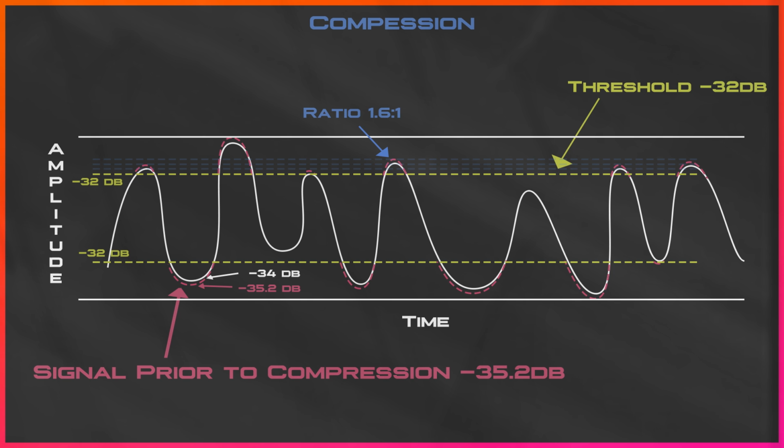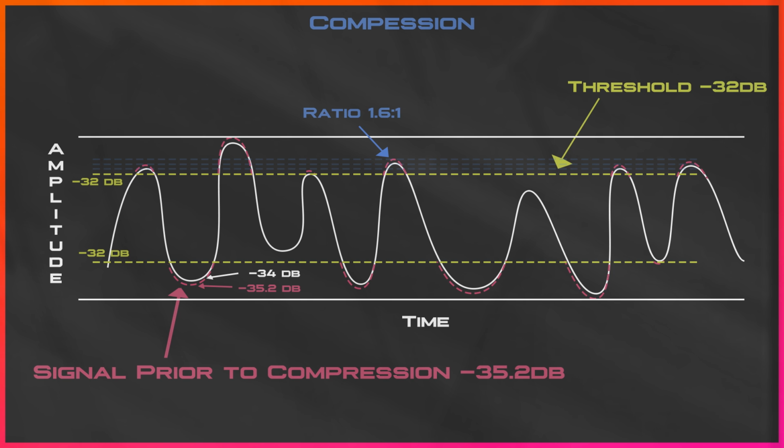So for example, every 1.6 decibels of signal level over the threshold will be compressed to deliver only 1 decibel of signal level increased at the output stage. That might be a bit confusing, but I will try and make it make more sense. For every 1.6 decibels exceeding the threshold, only 1 decibel will be output. So if we exceed the threshold by 1.6 decibels, then 1 decibel will come.